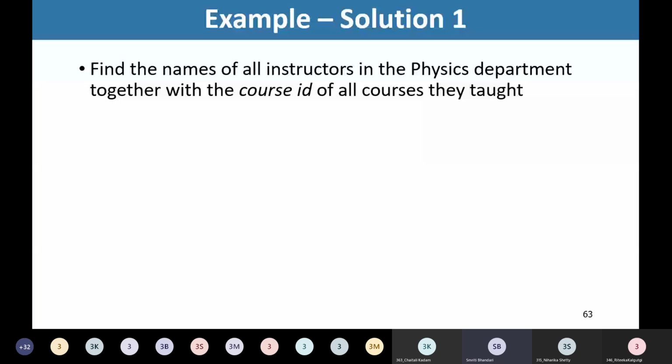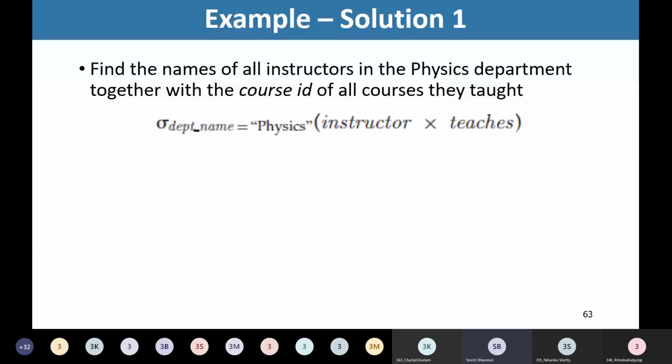As I stated, we have shortlisted the very first operation that we need to make use of, and that is the Cartesian product. The reason is we want to combine the information from two relations, instructor and teachers, right?